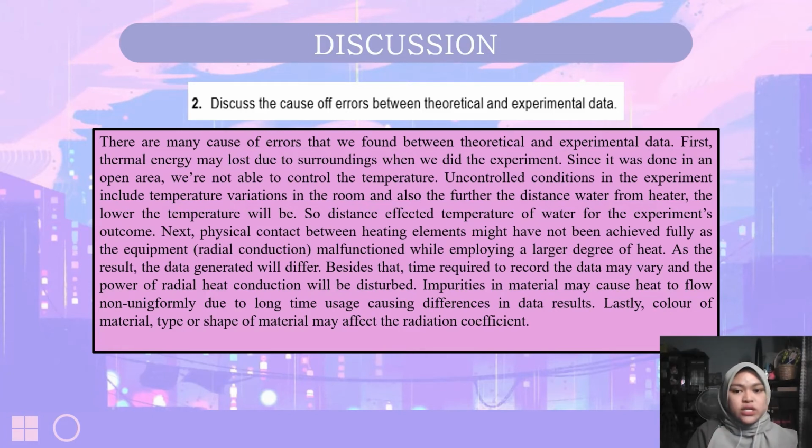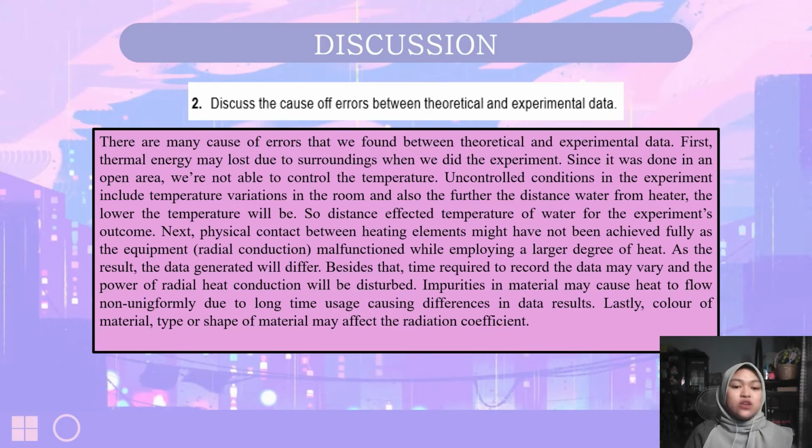Uncontrolled situations in the experiment include the temperature variation in the room and also the further the distance of the water from the heater, the lower the temperature will be. So distance affects the temperature of water for the experiment outcome.